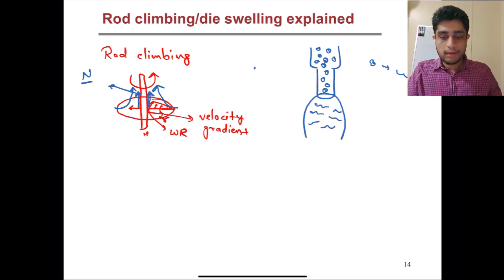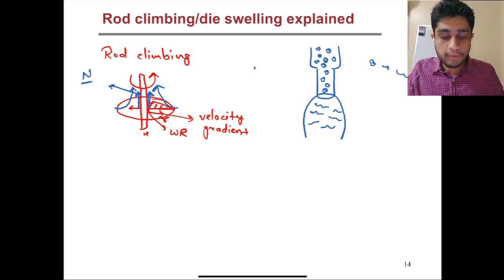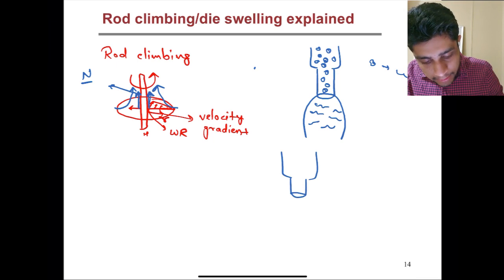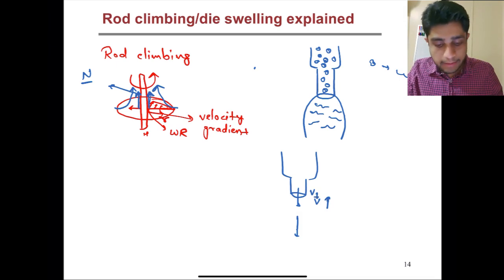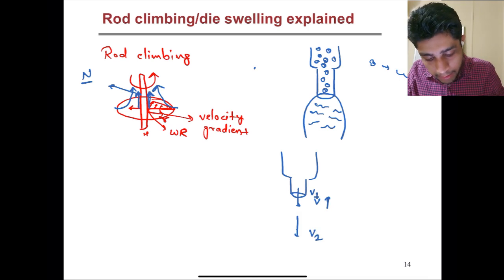This is completely different to a Newtonian fluid. If we have a Newtonian fluid, the velocity is increasing as the fluid comes out. Let's say the velocity just here at the syringe is v1, and somewhere down, because gravity is acting on it, the velocity v2 is greater than v1.